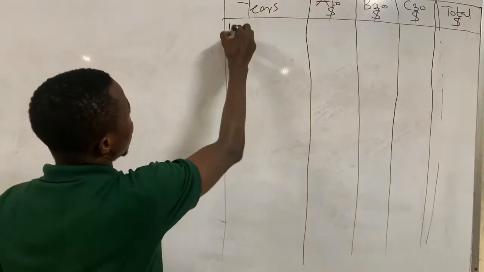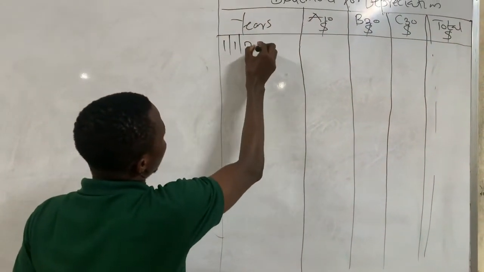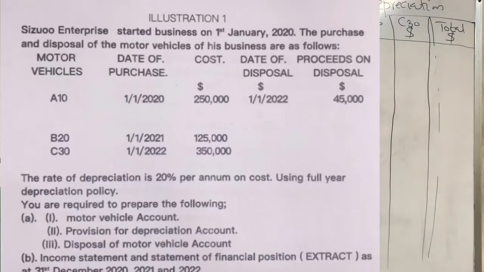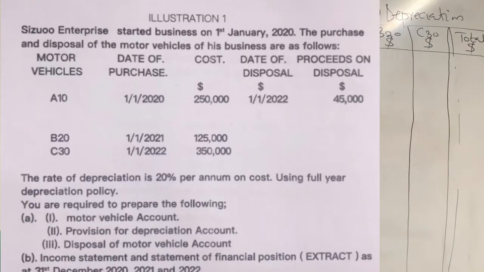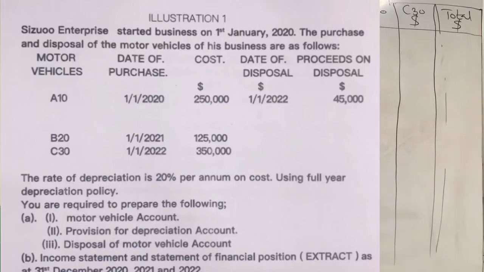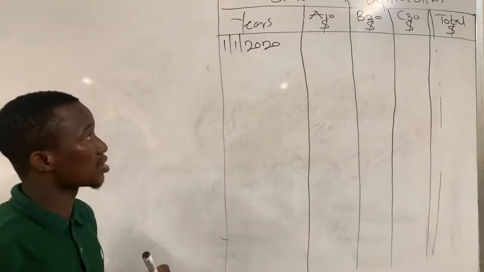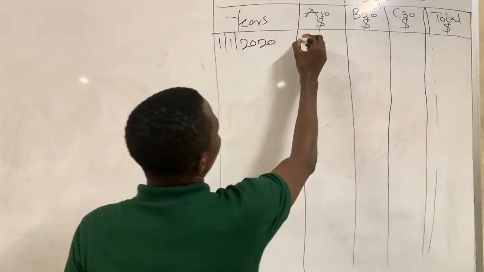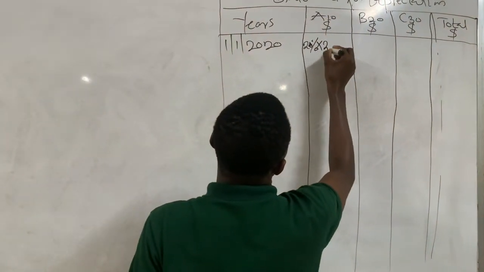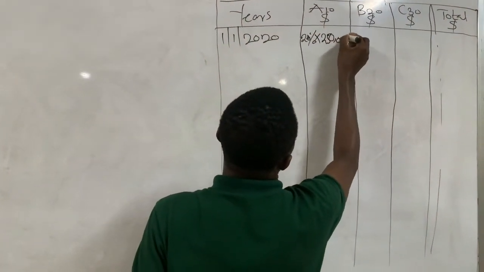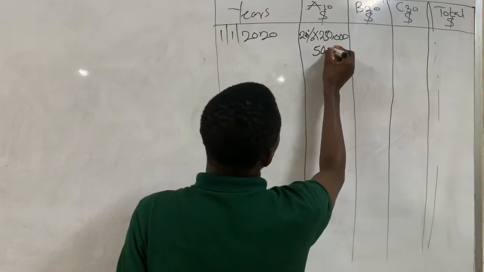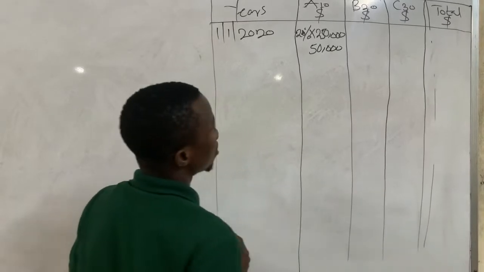So on 1st January 2020, we acquired asset A10, and the amount is $250,000, and we have to apply the rate, which is 20%. So we have our 20% on the 250,000, and this is going to give us $50,000.